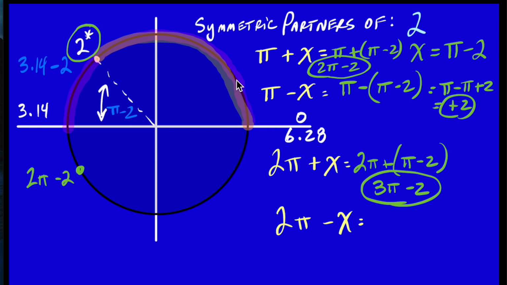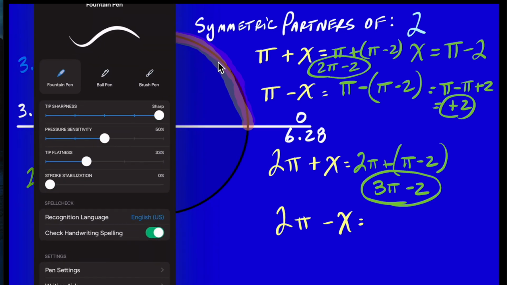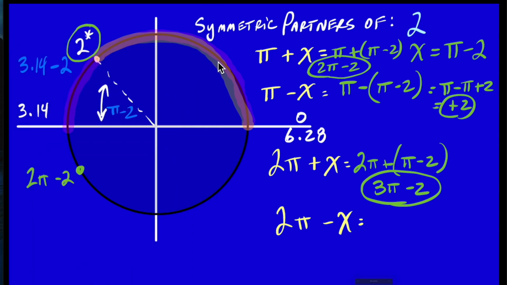Then we go to 3 pi, which will put us here. Then we're going to subtract 2. 2 is the length of that original orange arc. If we go backwards from 3 pi, backwards 2, it's going to put us right here. That is going to be 3 pi minus 2.